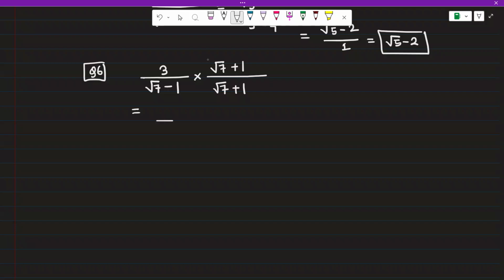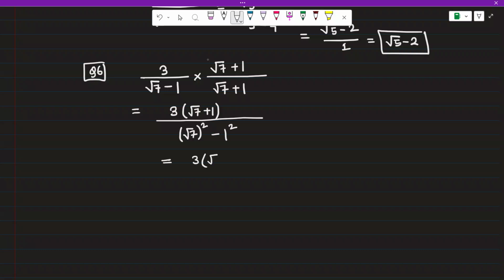If you multiply the numerator, 3 times root 7 plus 1, we can write that as 3 parentheses root 7 plus 1. Root 7 minus 1 times root 7 plus 1. If you use the difference formula, we can write root 7 square minus 1 square.